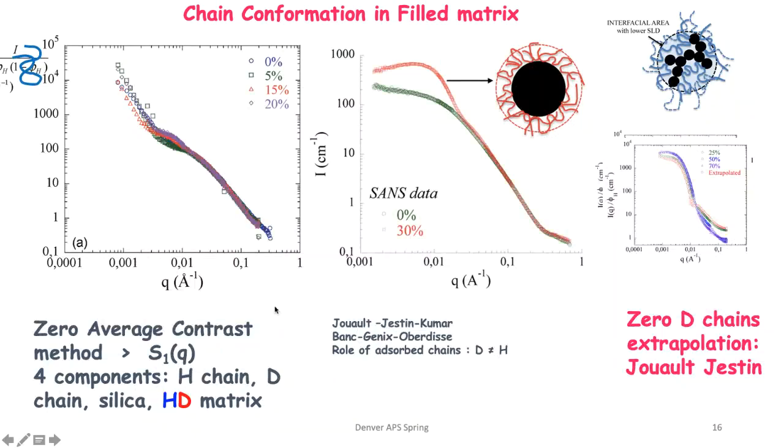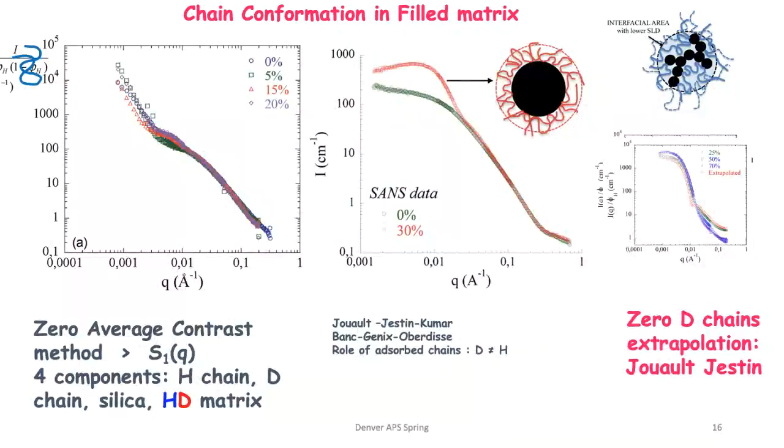So several explanations have been made, and I want to quote one of the last papers of Ch1, Jacques Gestin, and Sanat, which propose that the extra scattering at low Q is due to a spherical shell in which the balance between the number of deuterated chains and the number of hydrogenated chains is not the same as in the matrix, because some chains, the deuterated chains for example, are more adsorbed, or the reverse.